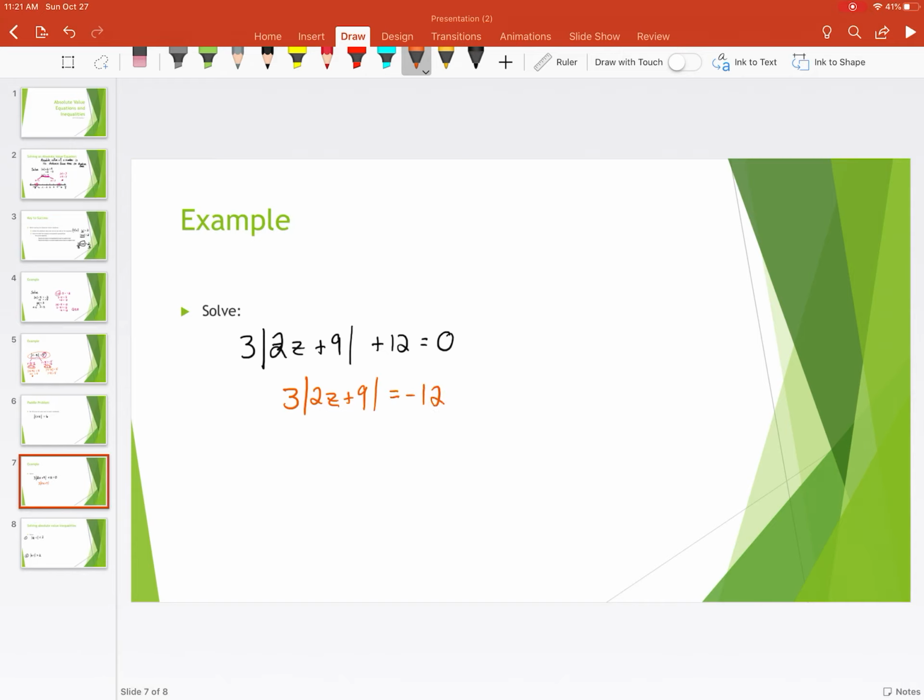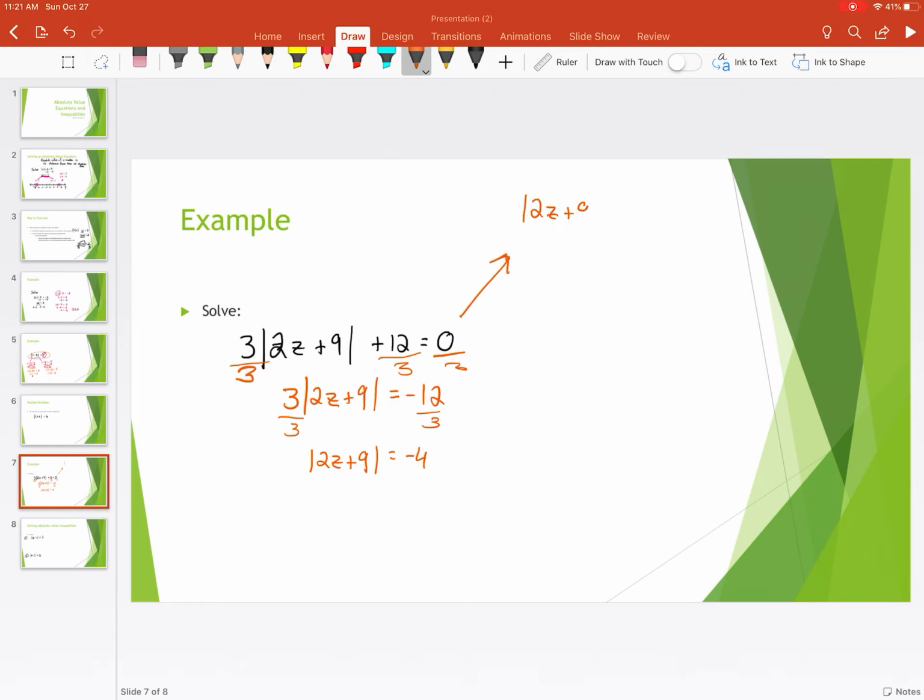Let's say 3 absolute value of 2z plus 9 equals negative 12. And then we're going to divide both sides by 3, right? And we get absolute value of 2z plus 9 equals negative 4. Notice, though, that if we were to actually divide through by 3 first, we would have to divide each term, right?